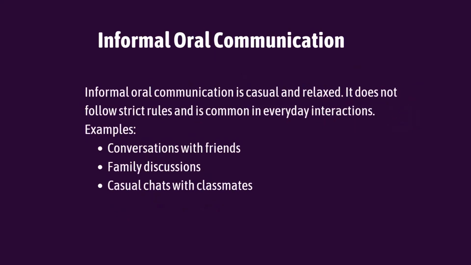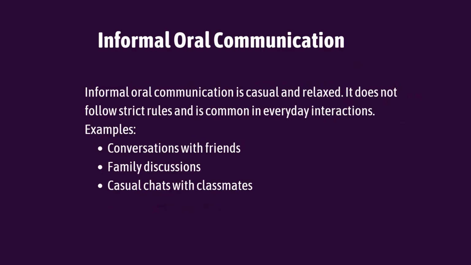Then the other one is informal oral communication. Informal oral communication is casual and relaxed. It does not follow strict rules and is common in everyday interactions. It doesn't follow any rules. It's relaxed, it's a casual way.